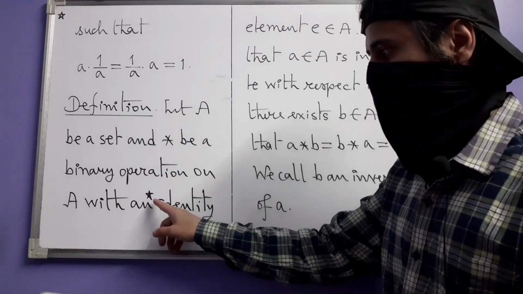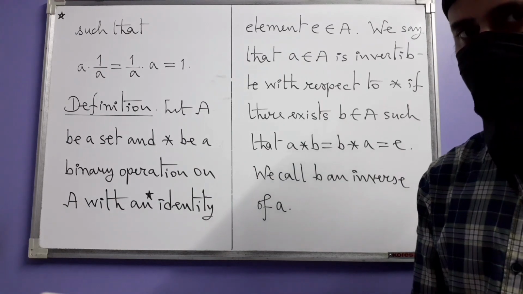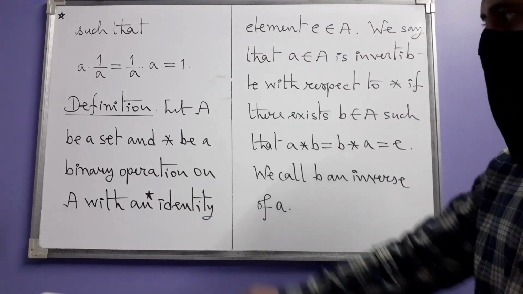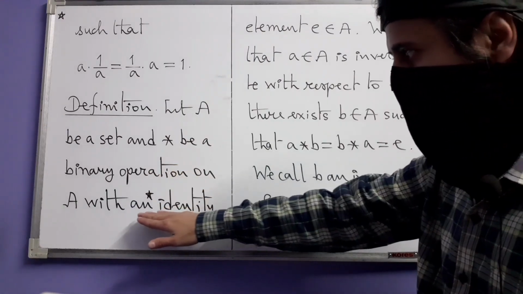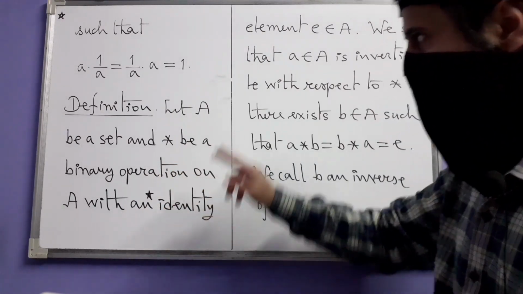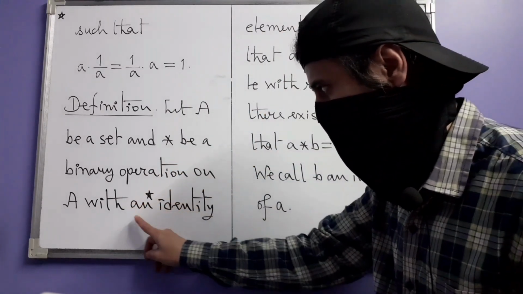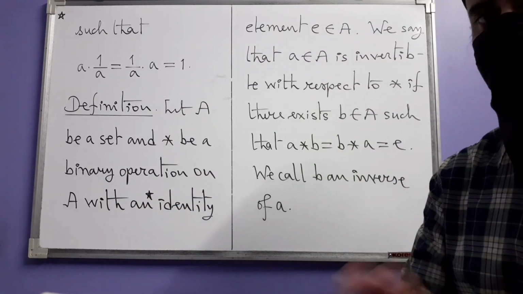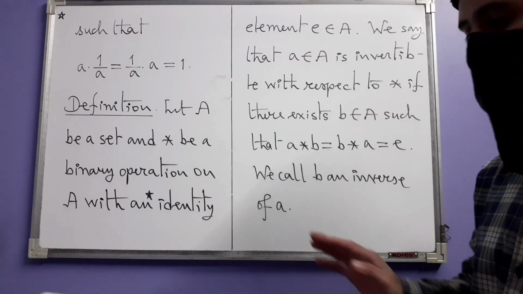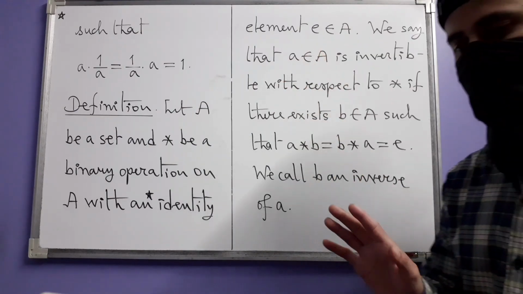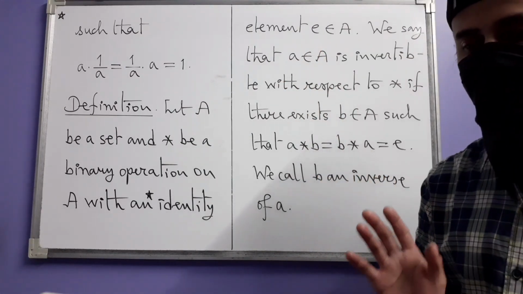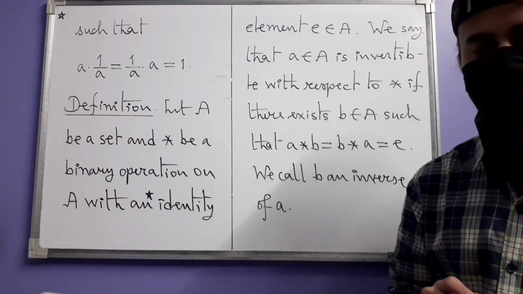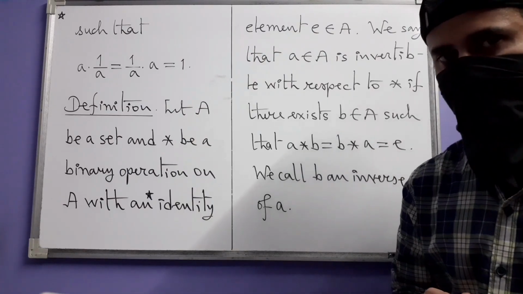Now there is a possible confusion here. That is why I have put a star here. We are saying that star is a binary operation on A with an identity element e, not the identity element. There is an identity element, but the definition of identity element does not immediately make it clear whether it is unique, whenever it exists. Actually, that is the case.